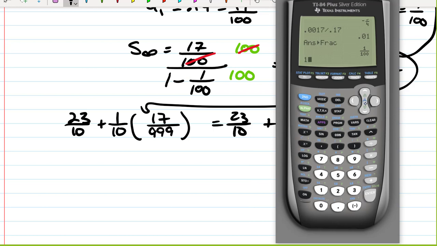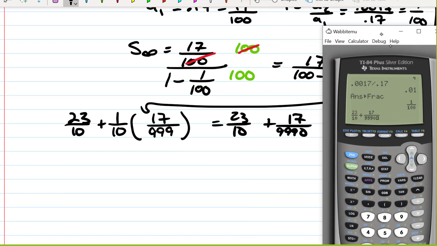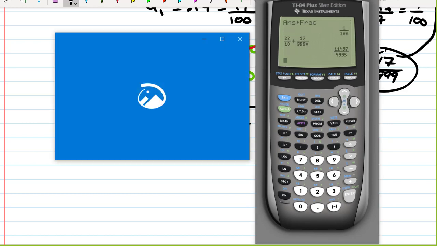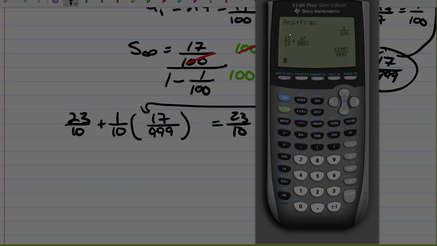So we go 23 over 10 plus 17 over 9,990, and we hit enter and we get our reduced fraction.